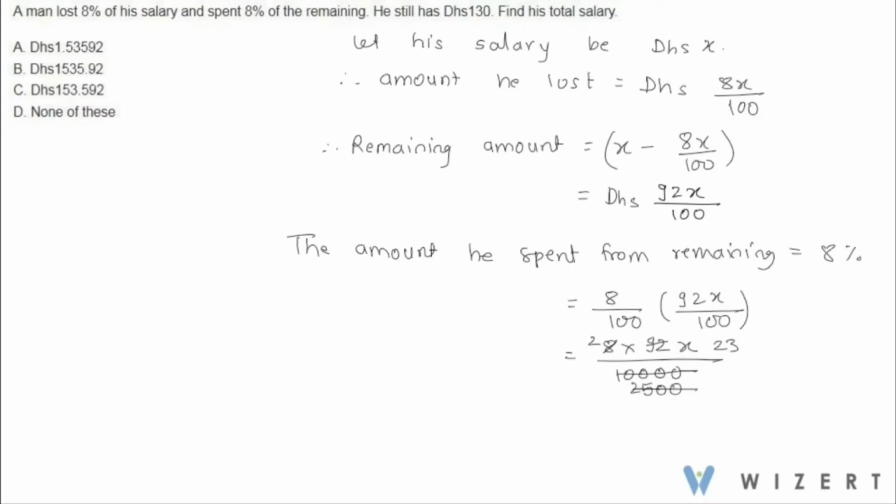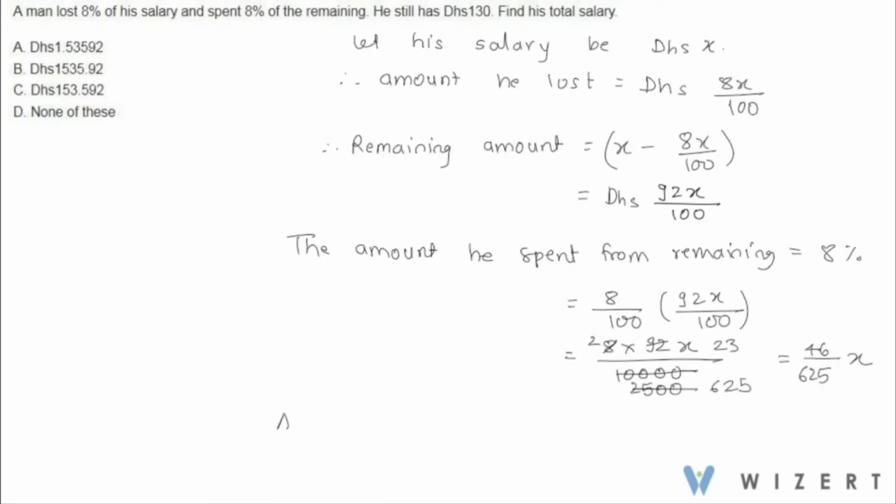Let's see, this is 4 6 are 4 2s are 4 5, so we have 23 into 2 divided by 625x. So this will be 46 by 625x. This is the amount he spent from remaining.